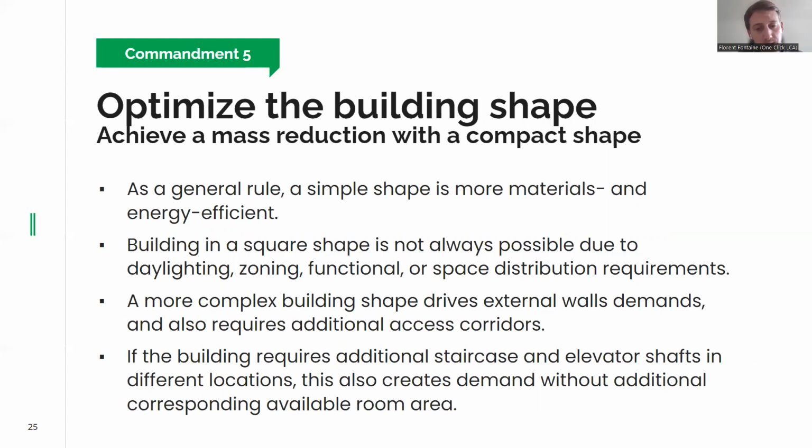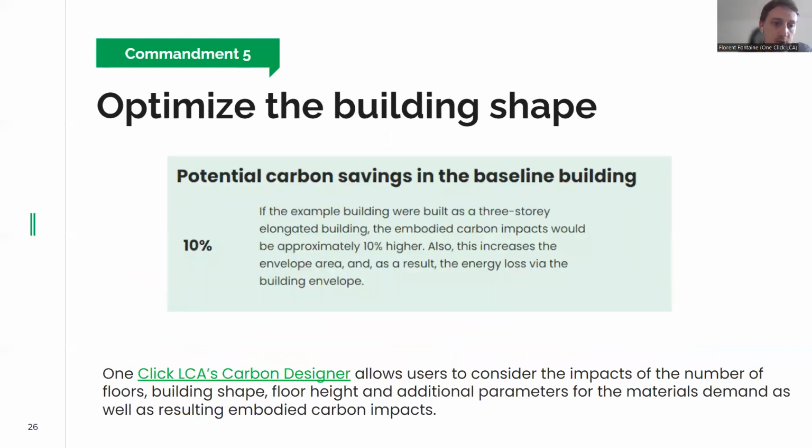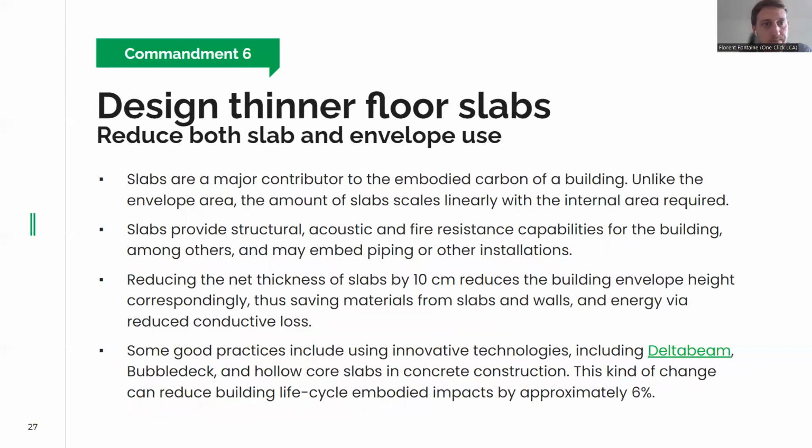But a more complex building shape drives external wall demands and also requires additional access corridors, for example. If the building requires additional staircase and elevator shafts in different locations, this also creates demand without additional corresponding available room area. So basically your building is a little bit less functional and a little bit less optimized. And this can account for up to 10% of potential carbon savings.